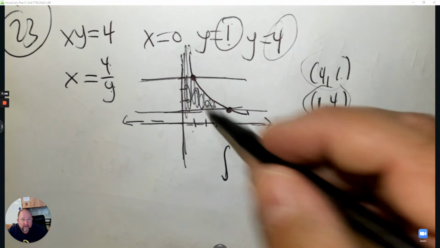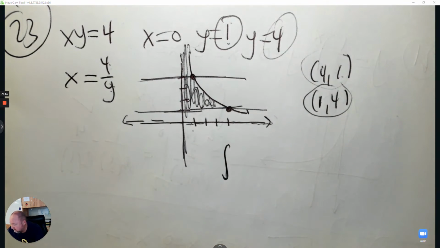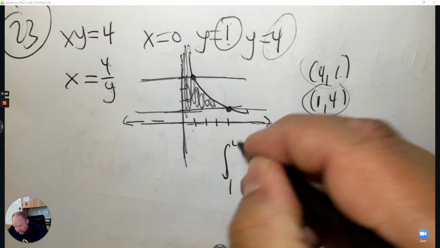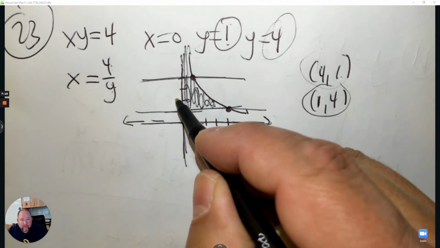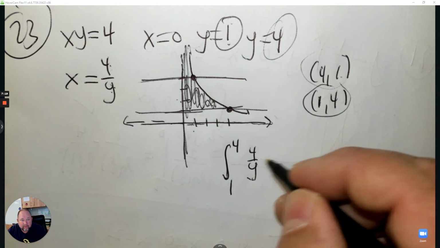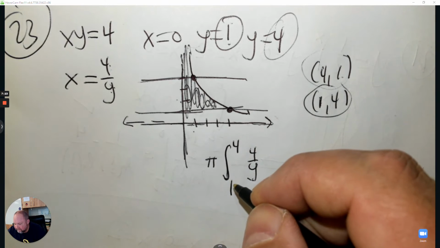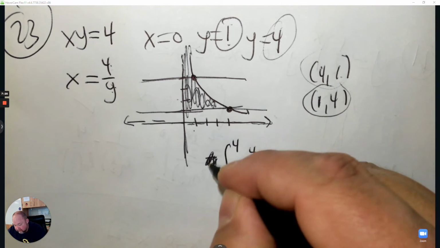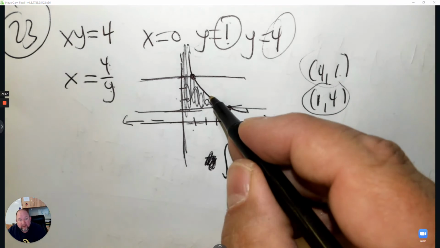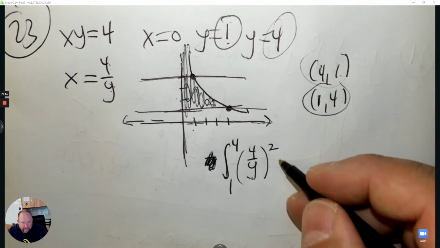So the bounds are the y's, 1 to 4. Right subtract left would be 4 over y, subtract 0. Remember, this is revolving, right? Oh, square cross sections. So when I go right subtract left, that gives the base of my square.